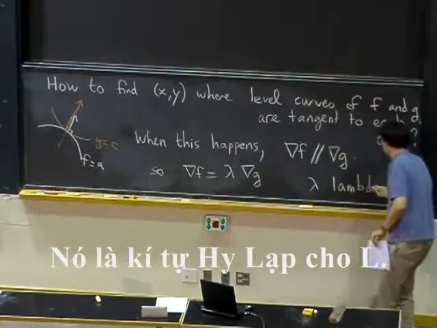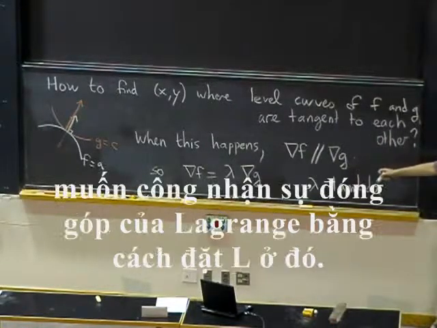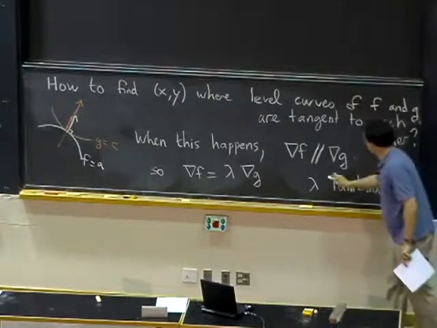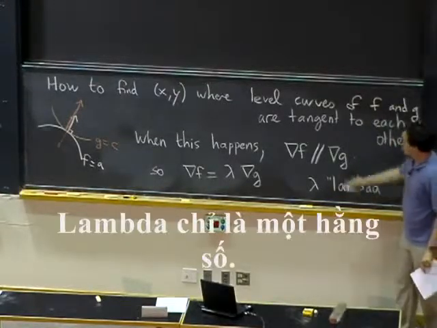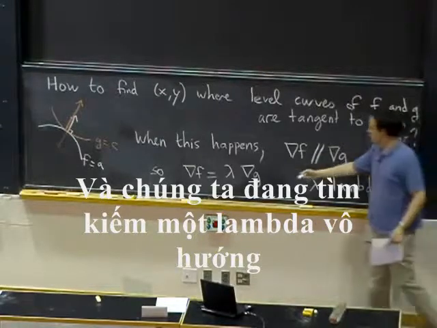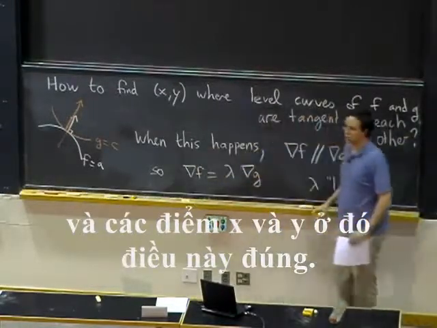It's the Greek letter for the L. And I'm sure that's somebody's idea of paying a tribute to Lagrange, by putting an L in there. Okay. So lambda is just a constant. And we are looking for a scalar, lambda, and points x and y where this holds.